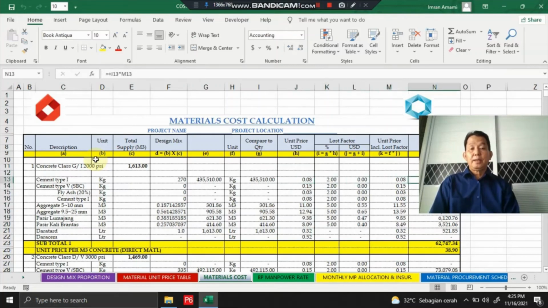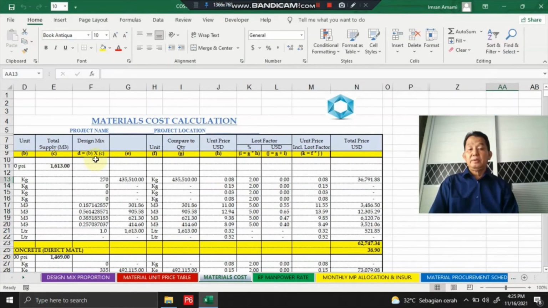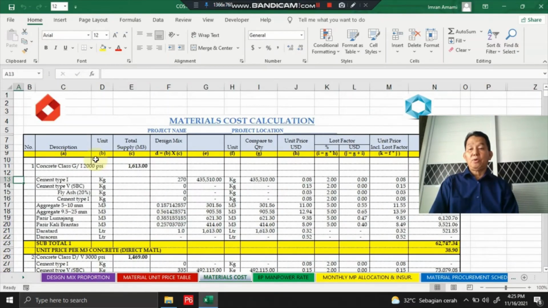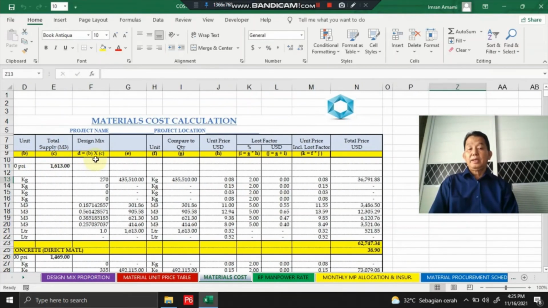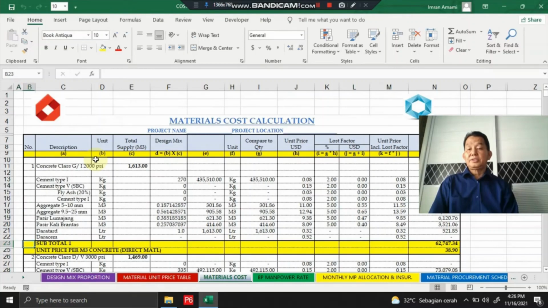We also include a loss factor for each concrete raw material, and then we find the total price for each concrete raw material, and finally the total price for each class of concrete here, and also the unit price per cubic meter of each class of concrete.